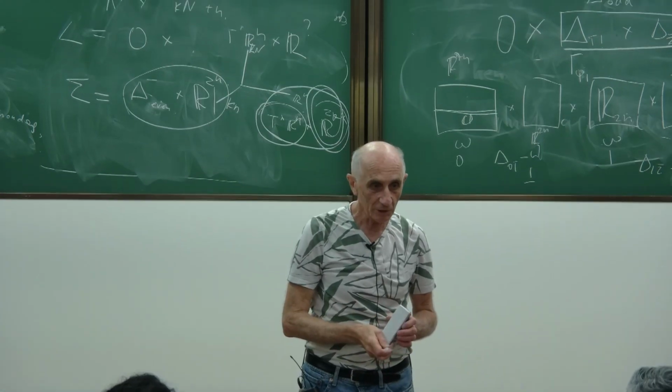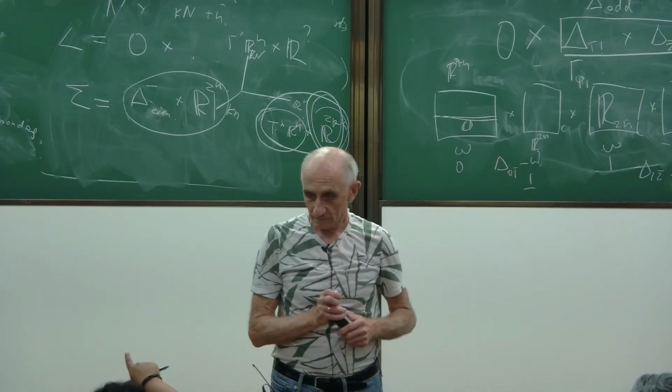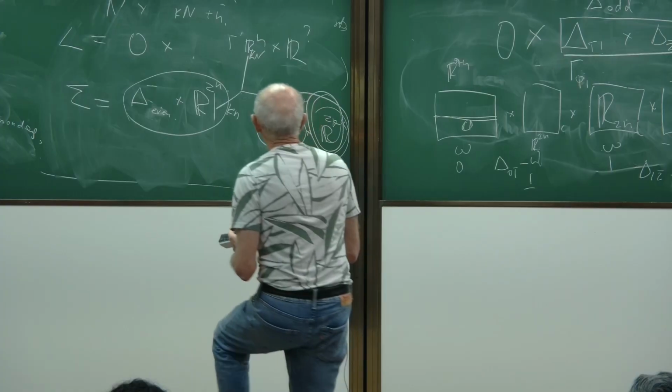Because we are not diagonal, we are working with the graph. So what will L be then? L will be the zero section cross the graph.